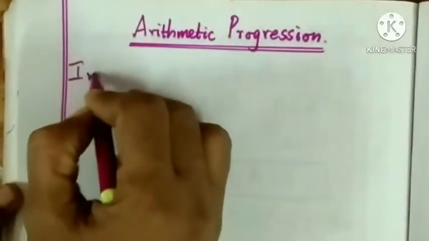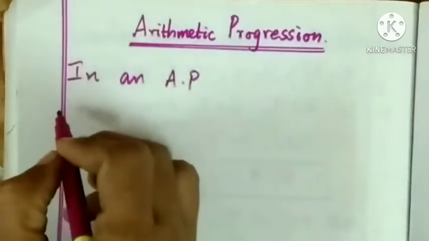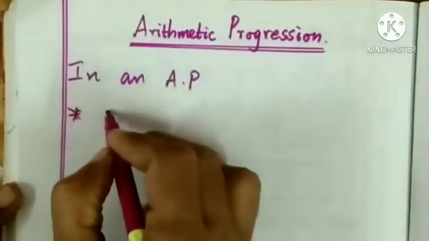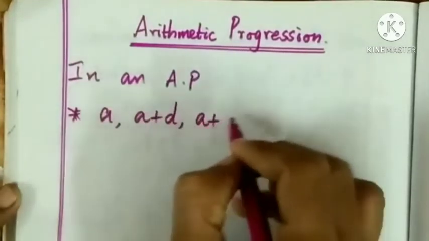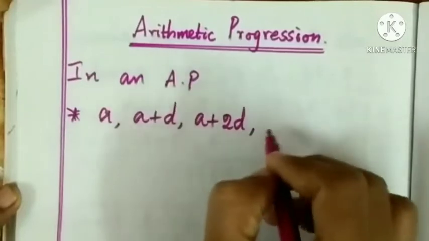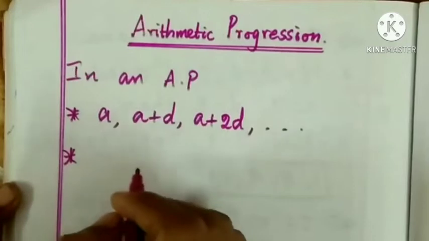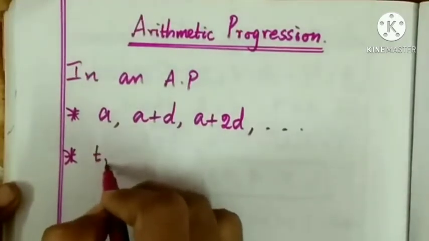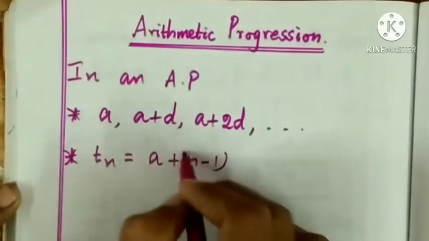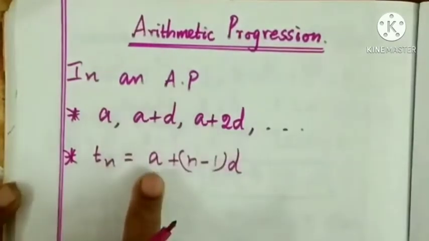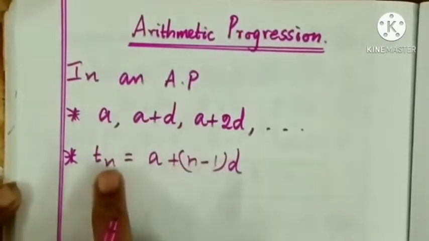In an AP, the general form is A, A plus D, A plus 2D and so on. Next we see the nth term of an AP is Tn is equal to A plus n minus 1 into D. Here A is first term, D is common difference and n is nth term.